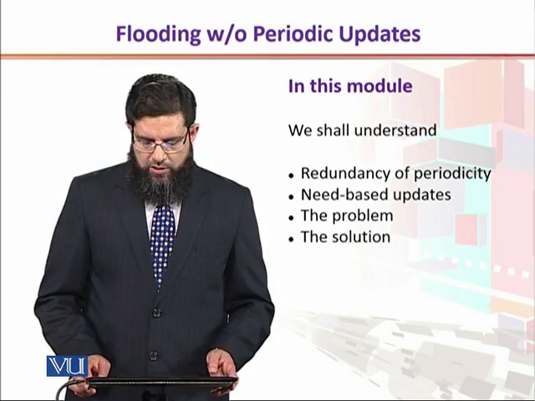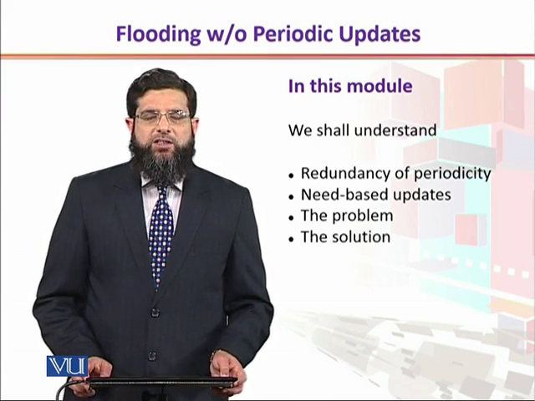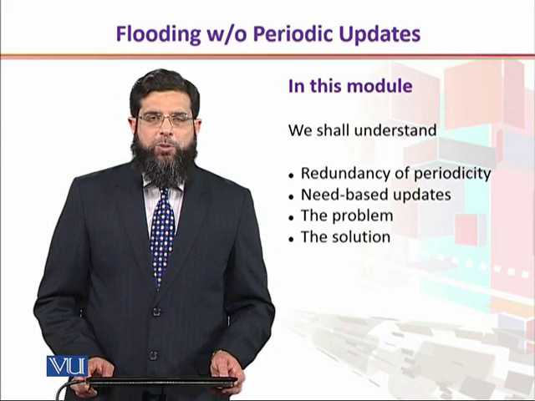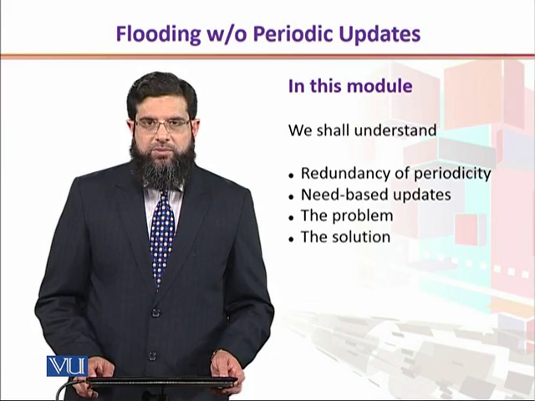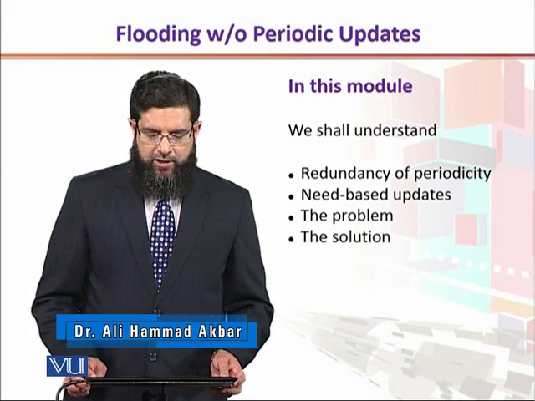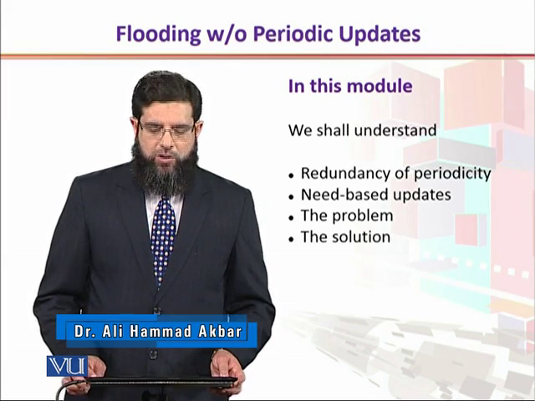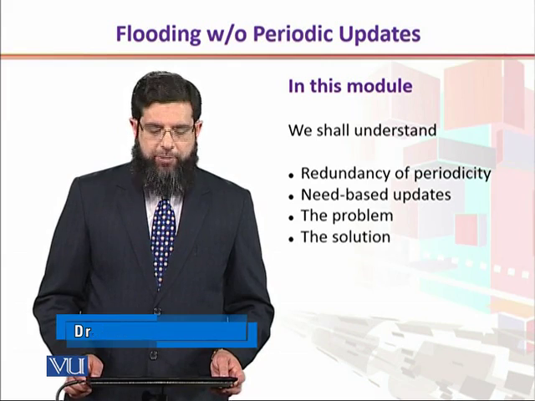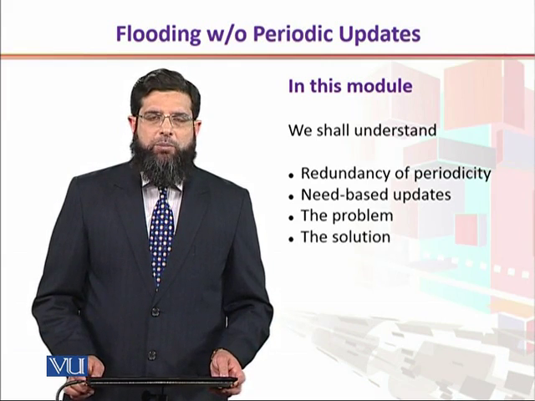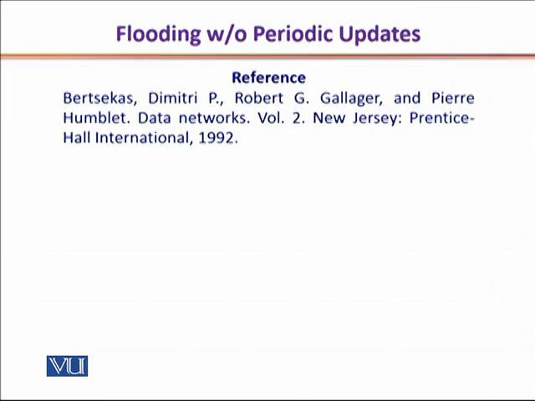In this module, first we'll convince ourselves about the redundancy of periodicity. We'd explore the need-based updates, the problem that was found earlier in periodic updates, and how non-periodic or aperiodic updates handle the situation by using a combination of sequence numbers and non-periodic updates.